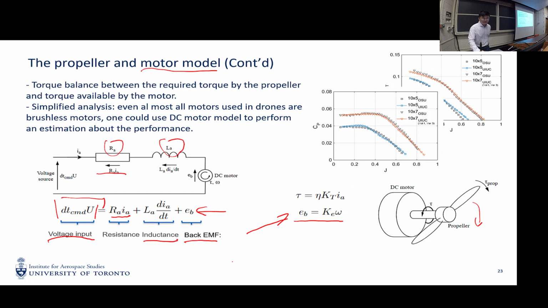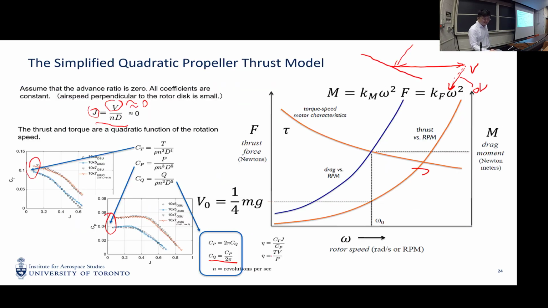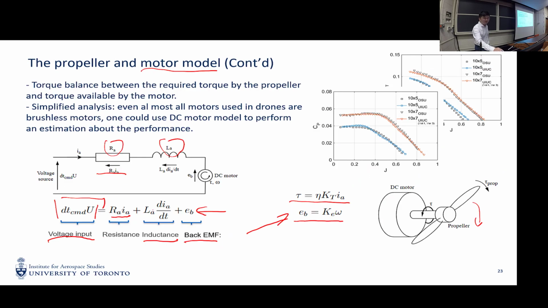Based on the calculation of the torque from the motor and the torque estimation from the propeller, we use this model. Then you will eventually be able to calculate the steady state propeller spinning velocity. So at a given voltage, you are able to get the spinning velocity of the propeller, and in the end, you are able to get the thrust from the propeller.